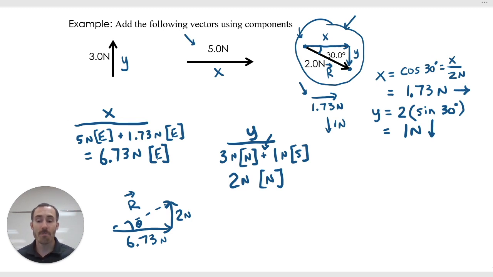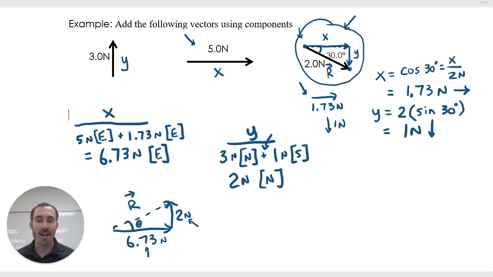The first thing, because we know the 2 legs, this one and this one, we can figure out the hypotenuse using the Pythagorean theorem. However you want to say that person's name, but that's my favorite and the only right way. So I'm going to go 6.73 squared plus 2 squared and square root those things.